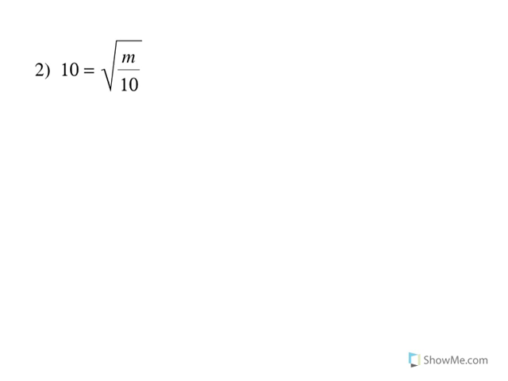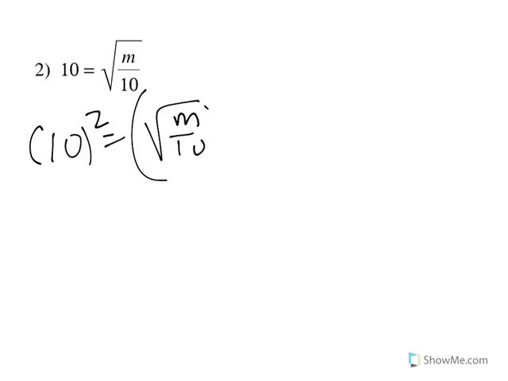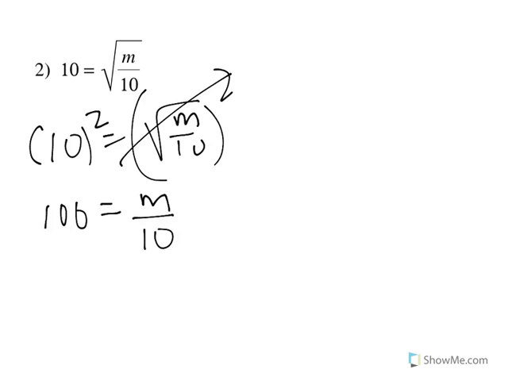Let's go on to our second example. Here we have 10 equal to the square root of m divided by 10. Similar to the first one, we need to square both sides to get rid of the square root. The square root and the square cancel out, so 10 squared is 100, equal to m over 10.